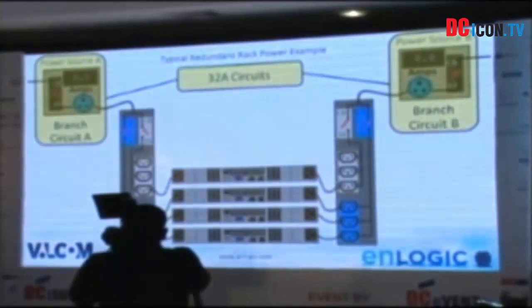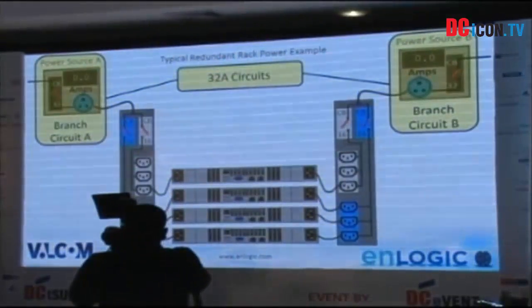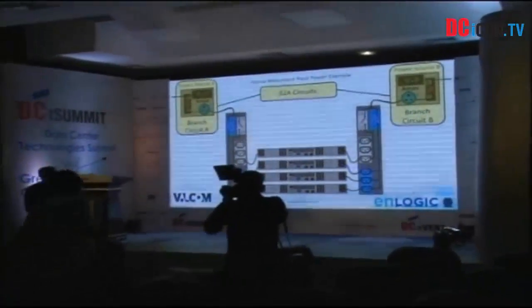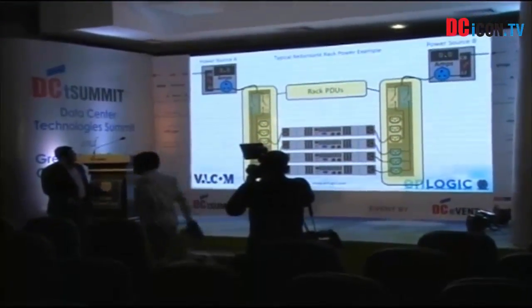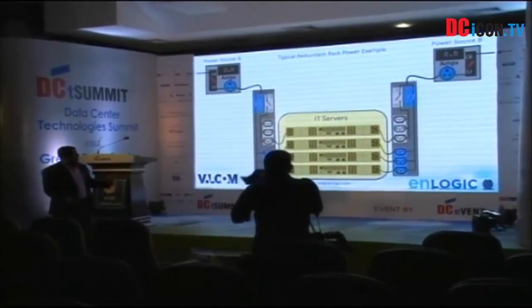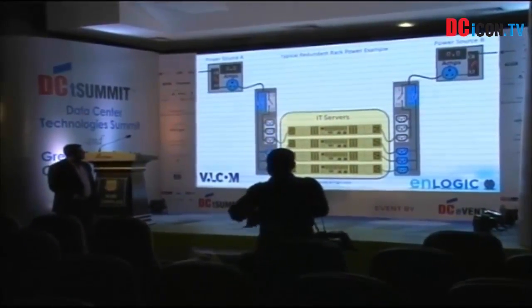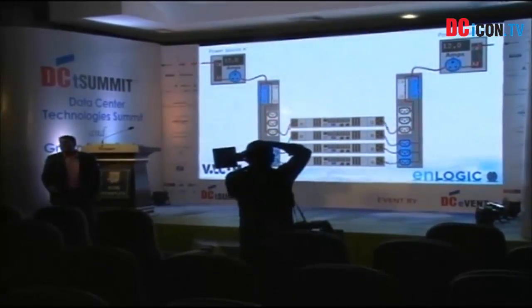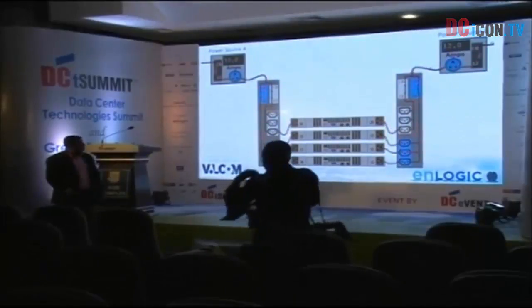Let us look at a scenario of a 32 amp circuit on both A and B source, and then you have rack PDUs, and then you have IT servers or IT equipment which are connected, and the power goes to the IT equipment from both A and B source.